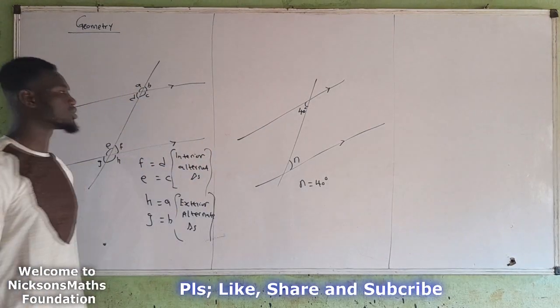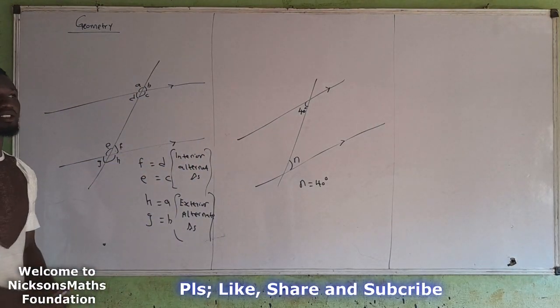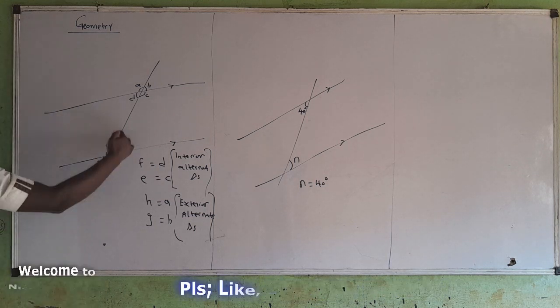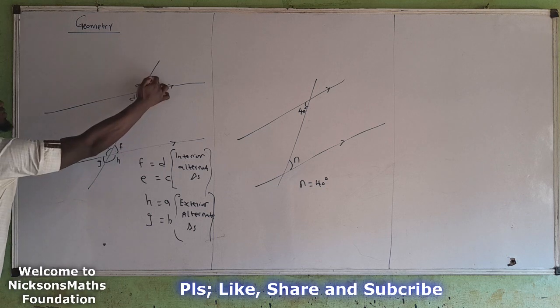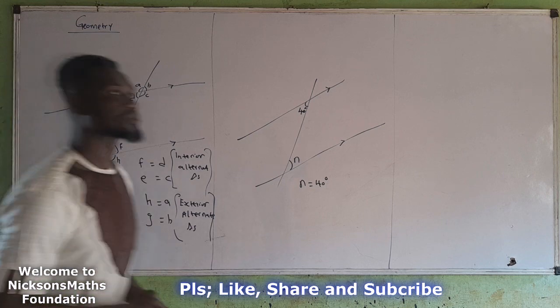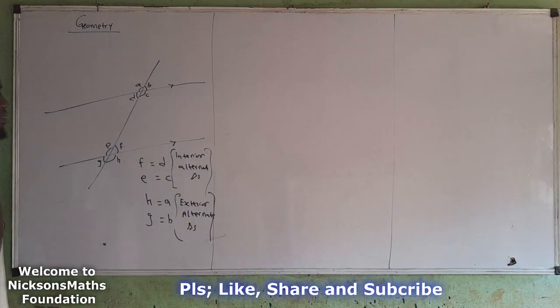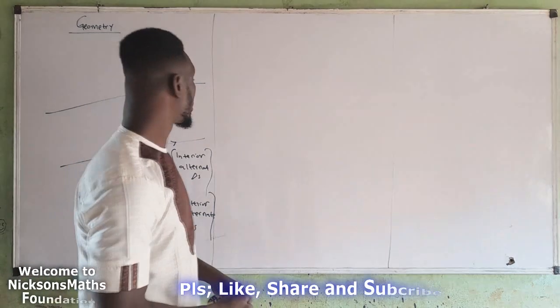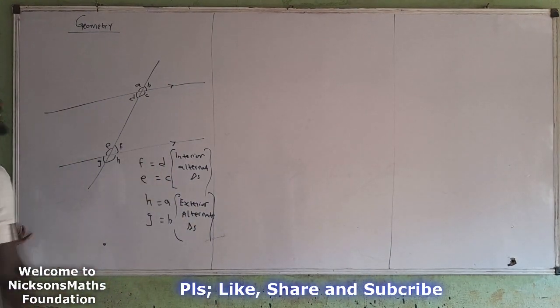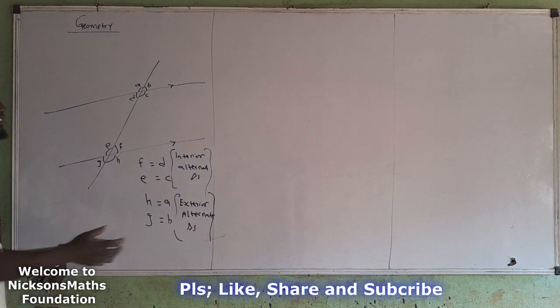You have seen that you can generate alternate angles from that. Now if you also look at the position of F and the position of B, we have seen that these are alternate angles. There's another type of angles called corresponding angles.